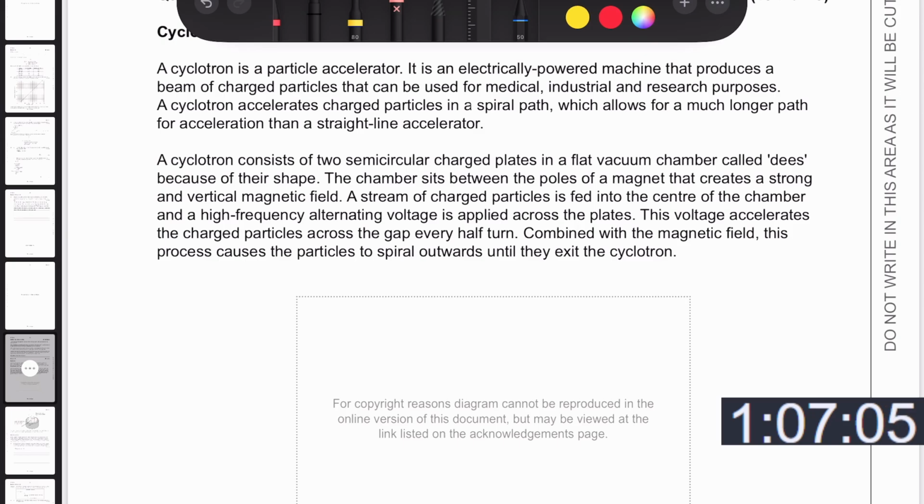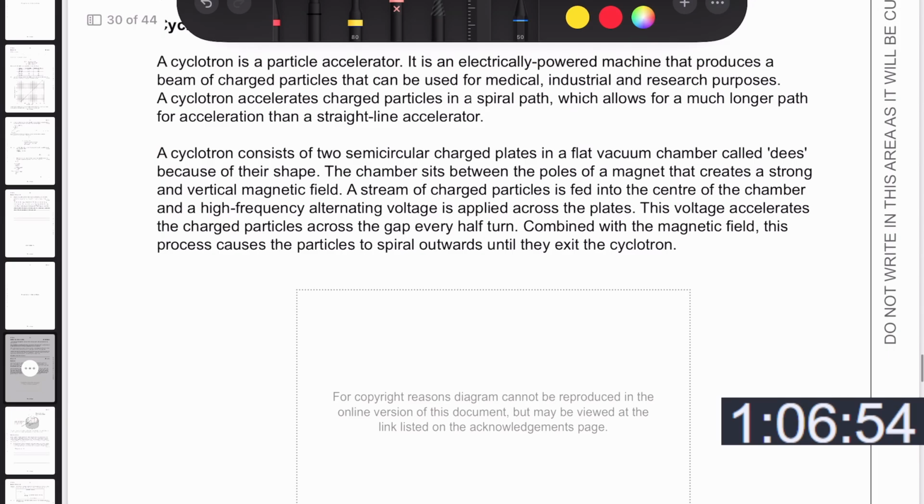The high frequency alternating voltage is applied across the plates. It accelerates the charged particle across the gap every half turn.